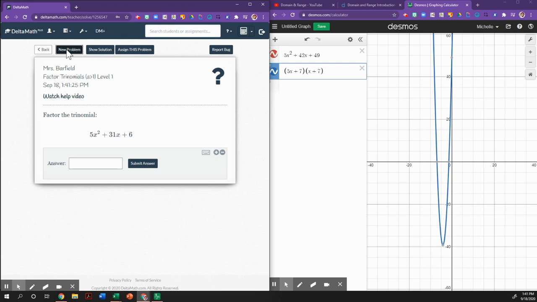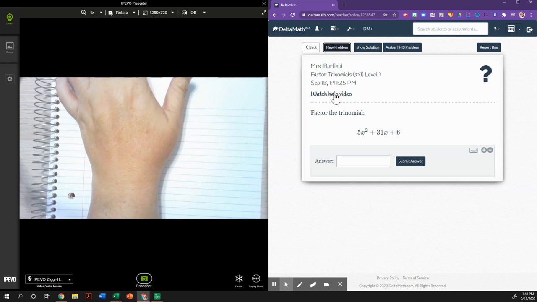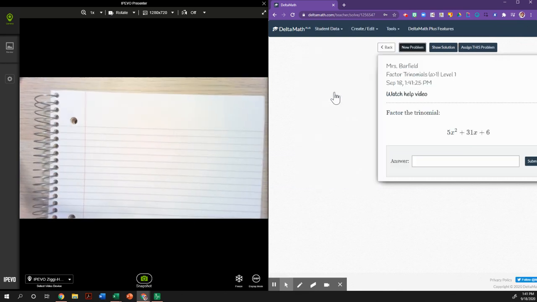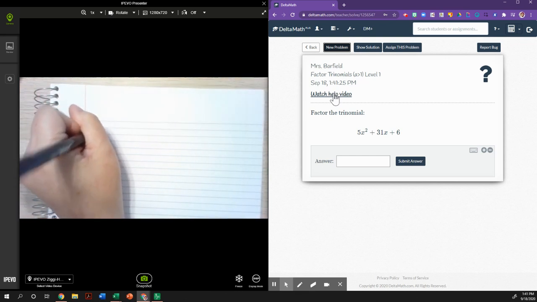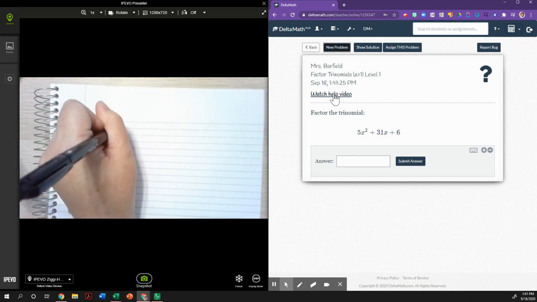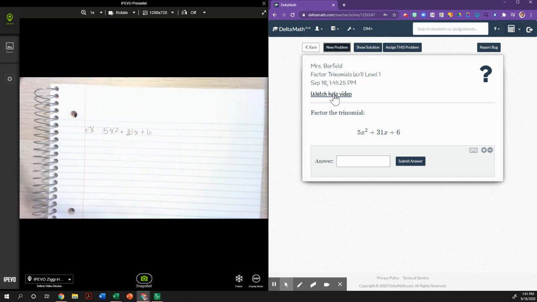So 5x squared plus 31x plus 6. All right, so let's bring my camera back up. So 5x squared plus 31x plus 6.